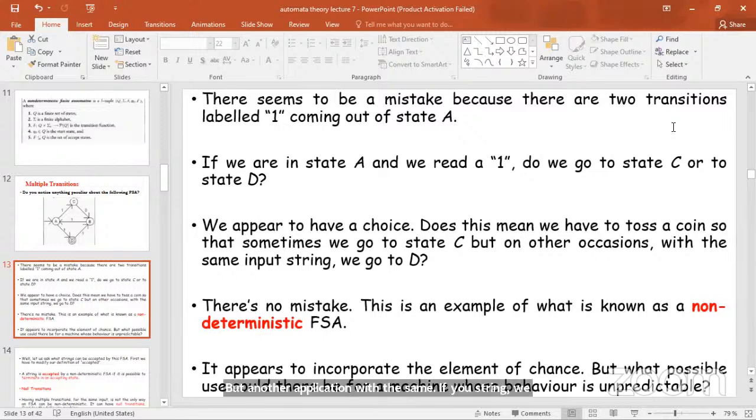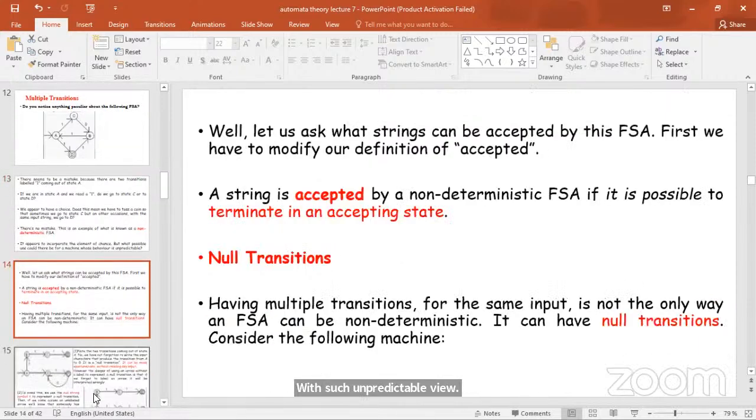Those are the questions that may be rising in our mind. Now, there's no mistake afterwards. This is an example of what is known as a non-deterministic FSA. It appears to incorporate the element of chance, but what possible use could there be for a machine with such unpredictable behavior, right? So what do you use all this for?